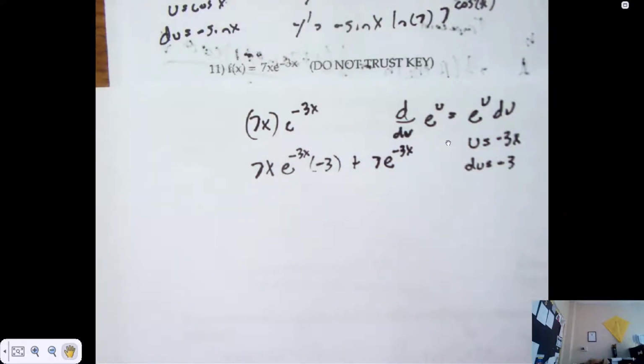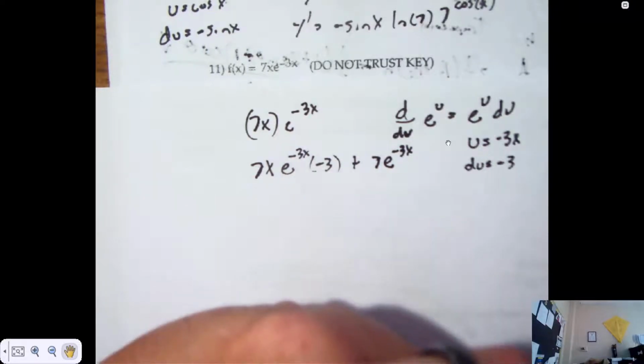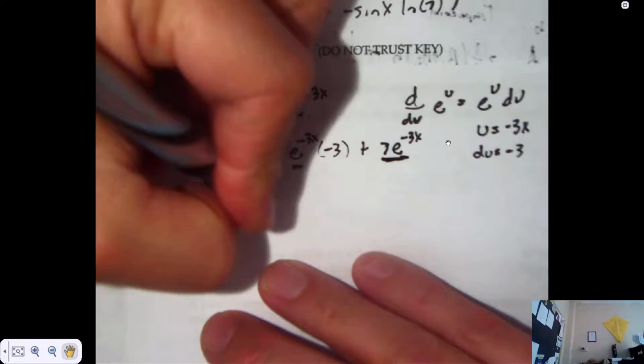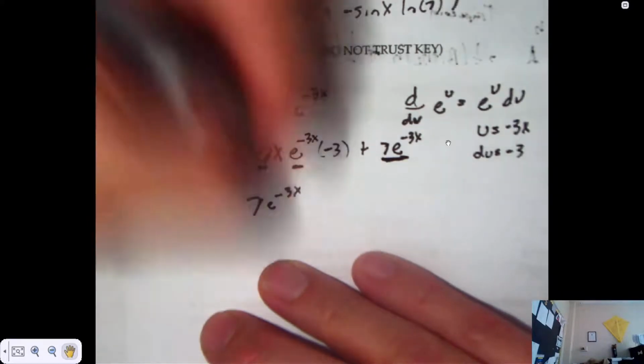Now, if this one's multiple choice, which it stands a good chance of being, the author of your book is going to try and throw you off a little bit. Both pieces contain a 7e to the negative 3x. You see that? So they would pull it. You would pull a 7e to the negative 3x.